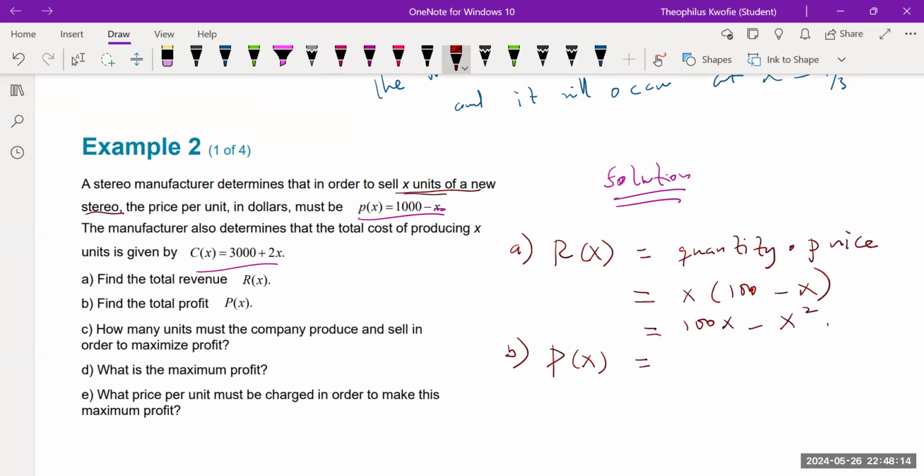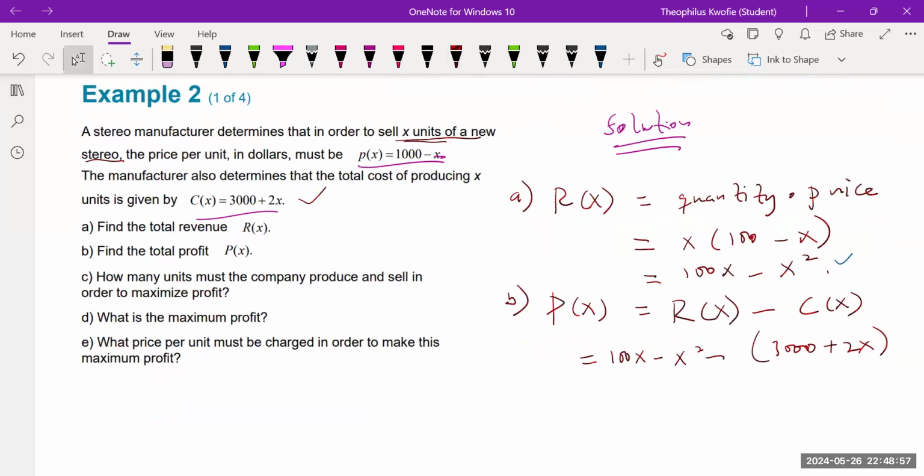Now, what's our total profit? If I have revenue and I have the cost, that will then become the profit. So the profit will just be total revenue minus total cost. Is that okay? Good. Now, what is our total revenue? We have already solved that: 100x minus x squared, minus the total cost, which was given to us as 3,000 plus 2x.